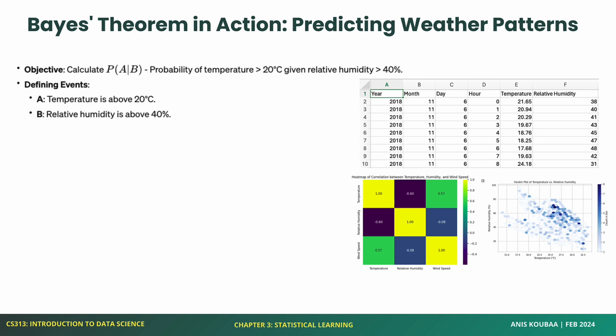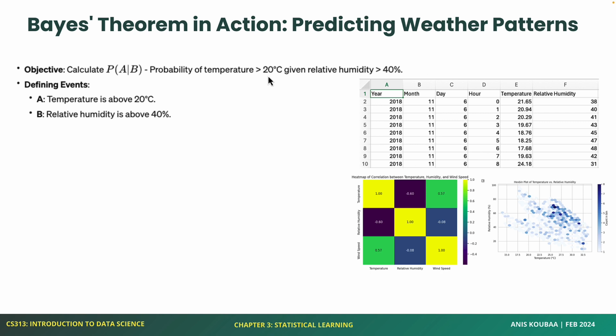So, how do we calculate the probability that the temperature is greater than 20? You have a data set, you have many temperatures here. Find the number of temperatures greater than 20 divided by the total number of temperatures, right? That's the probability. But now I'm not looking for this.